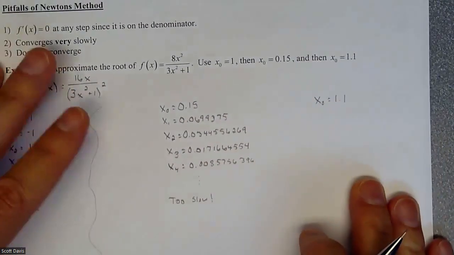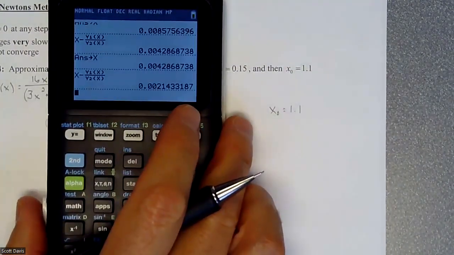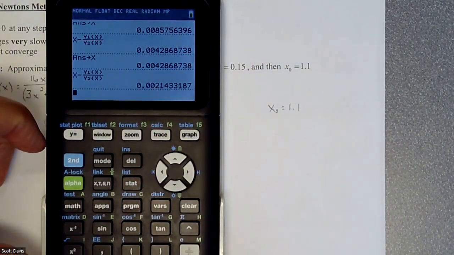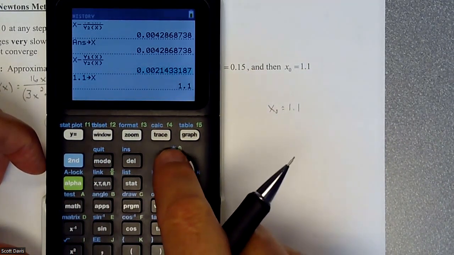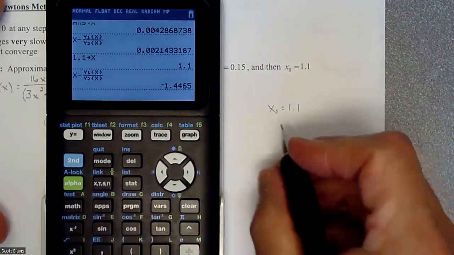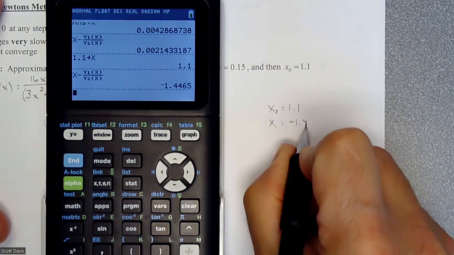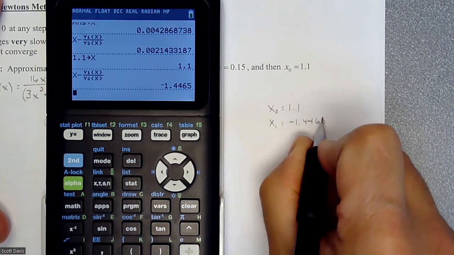And then we'll do one more at the 1.1. So same stuff. We'll start this over. We're going to take and store 1.1. We're going to store it as x and then start our Newton's method again. And so our first iteration is a negative 1.4465.